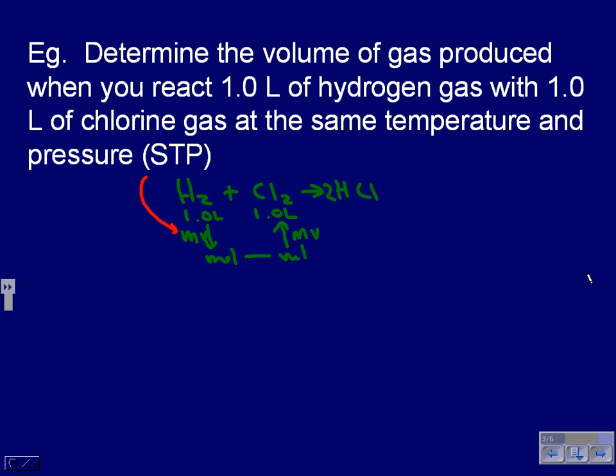Well, let's go ahead and do that. Writing down what I have first, 1.0 liters of H2. I guess I haven't been putting the H2 in, but we'll put it in this time. I'm using the molar volume at STP, and I want to get rid of liters, 22.4 liters per 1 mole.